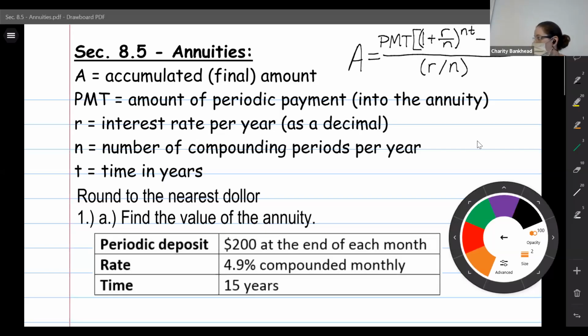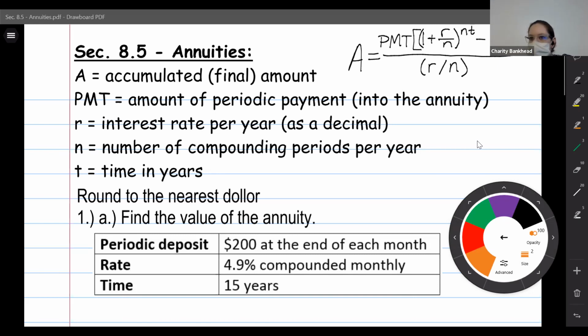All right, so we're on 8.5 today, which is about annuities. So basically an annuity is where you make multiple deposits into an account and interest is accruing during that time. So this is a form of compound interest, but it is a different formula.